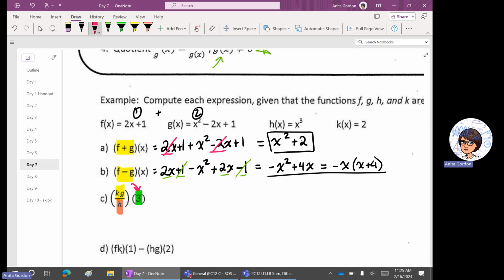Let's set up the function first and simplify where we can. So k is 2 times g, which is this right here, and h is x cubed. So let's write 2x squared minus 4x plus 4 all over x to the power 3.